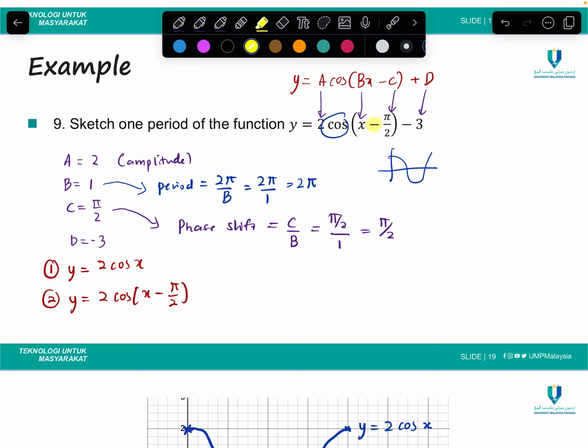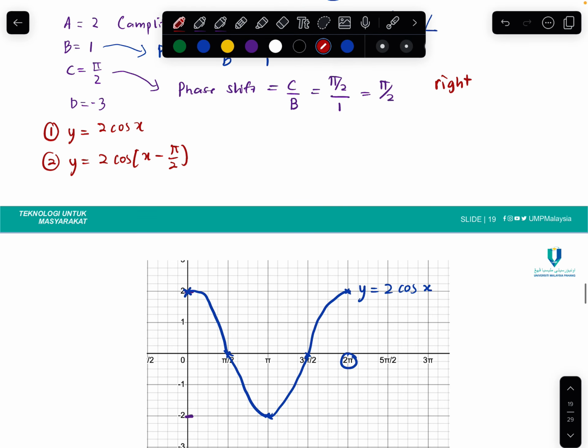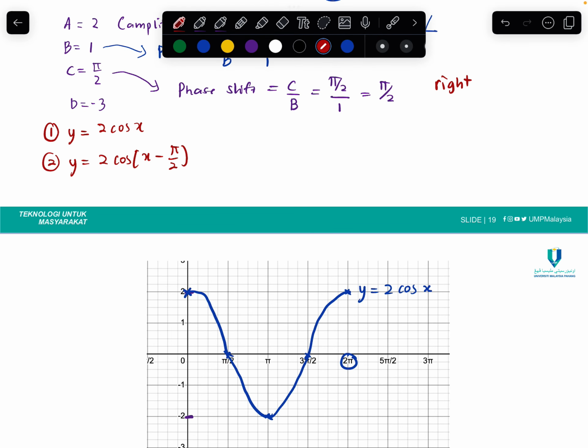Based on the techniques of graphing, minus here represents movement to the right. Okay, you can refer to the previous table that we discussed about vertical shifting and horizontal shifting. Negative indicates right movement. So here we want to move the original graph to the right by pi over 2 units. So we want to push it to the right.